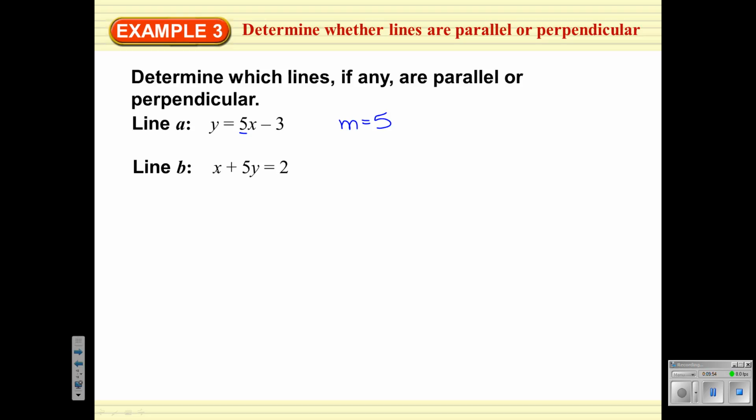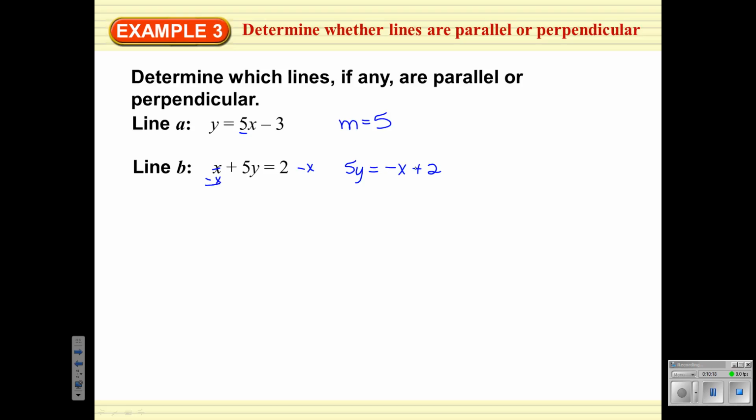All right, let's look at line B. This is standard form. It's not going to help me know the slope, so I need to solve this equation into slope-intercept. I'm going to subtract x from both sides, and I'm left with 5y = -x + 2. My x is negative, my 2 is positive.